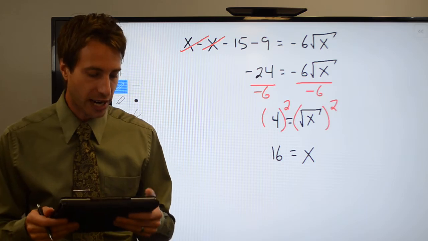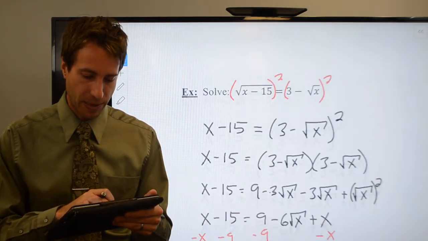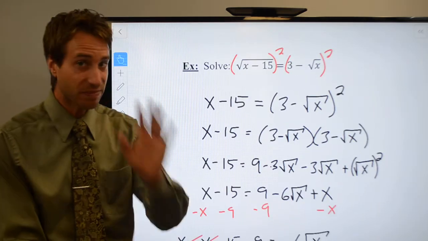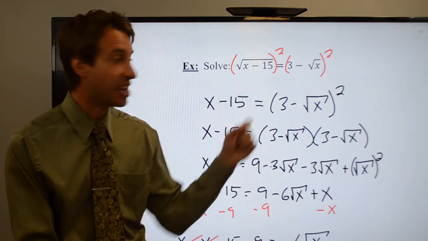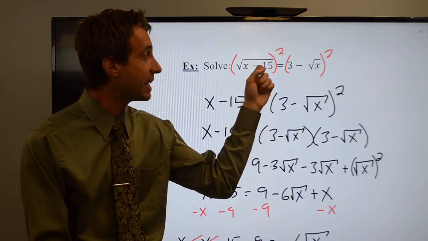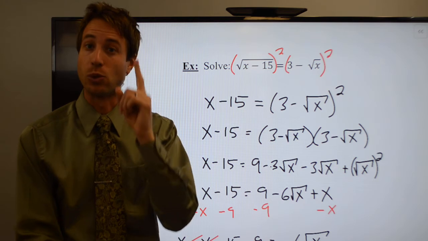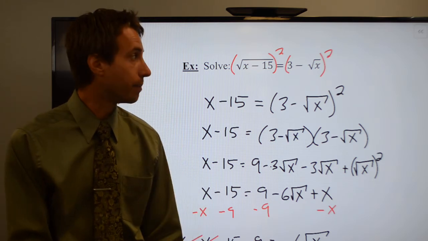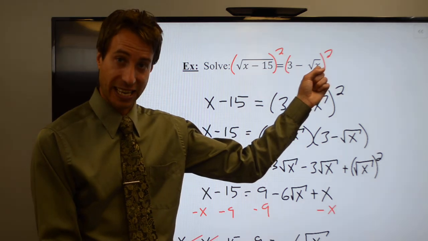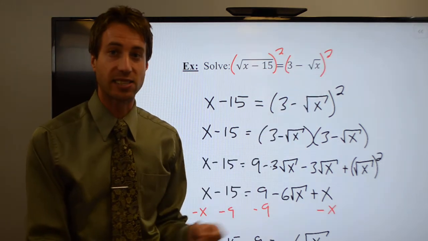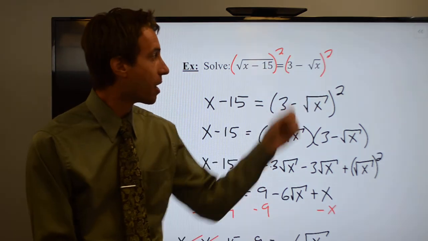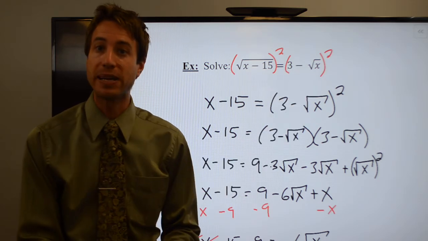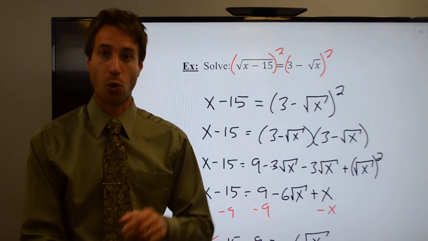But you have to check your answer. Let's go back up here and see what happens. If I plug in a 16, 16 minus 15 is 1. And the square root of 1 is 1. Over here I have to plug in a 16. Square root of 16 is 4. 3 minus 4 would be a negative 1.